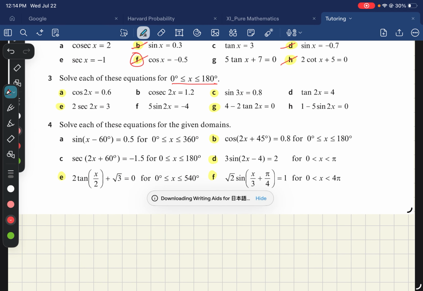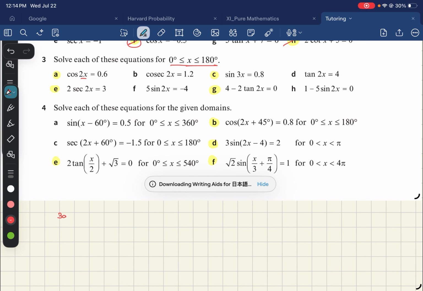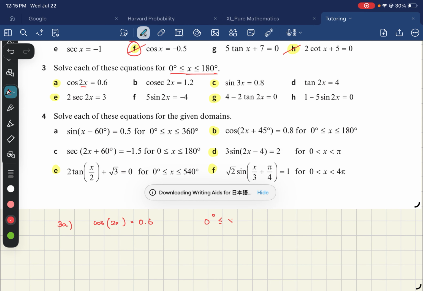So now, remember, instead of working with x, we are working with 2x. So now we are working with a different angle restriction. For 3a, we have cosine of 2x is equal to 0.6. Now, we got comfortable working with one variable, like x or just u. So I will write down the domain restriction.